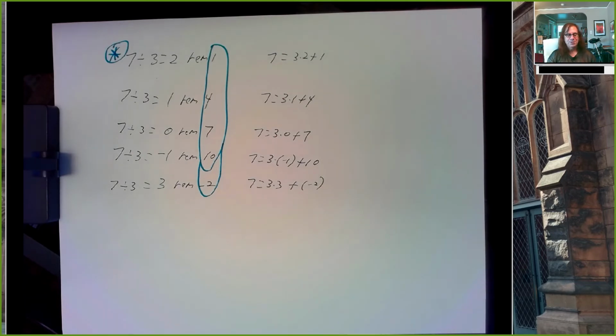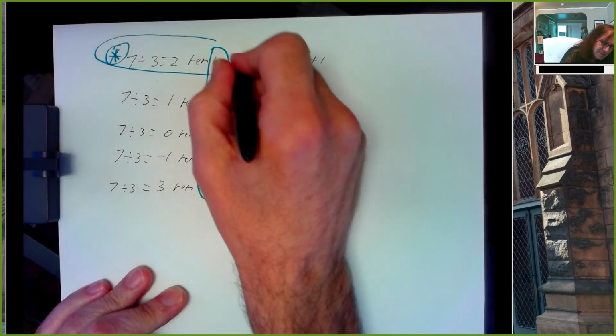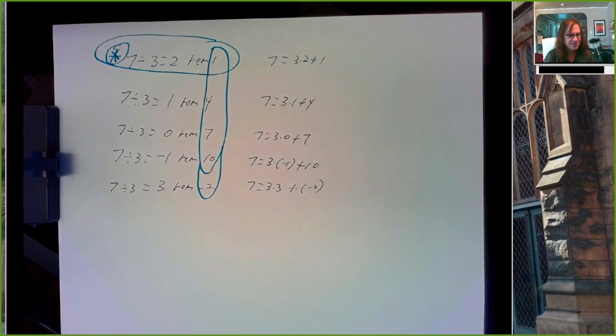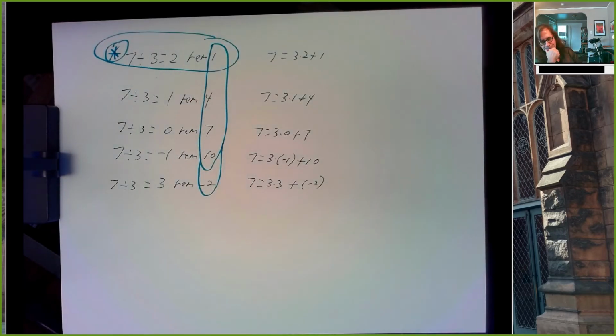We're going to be interested in this one. This is, in some sense, the one that tells us the most interesting thing, which is this is one more than a multiple of 3. And it's not that it's closest to 0, it's that it's closest to 0 without being negative.